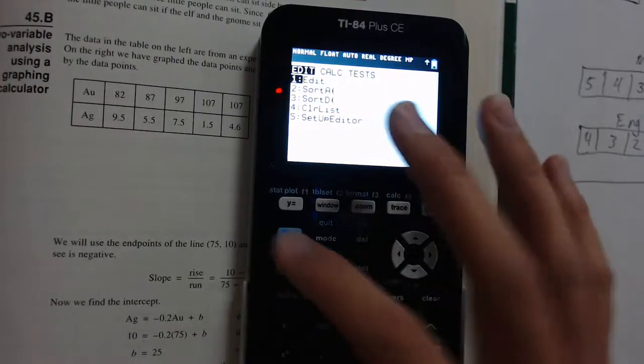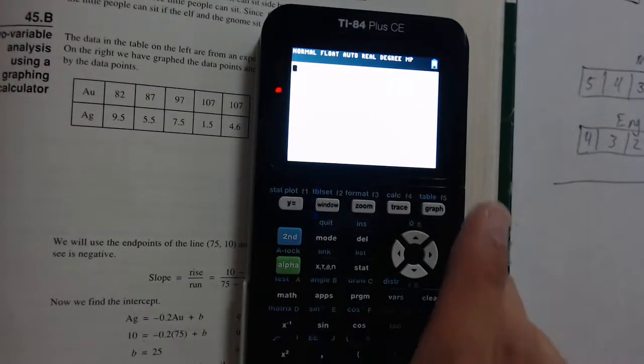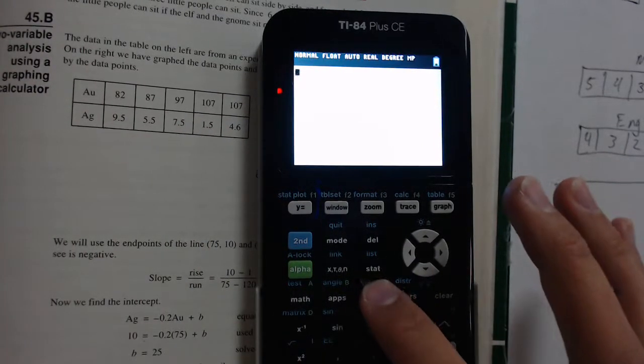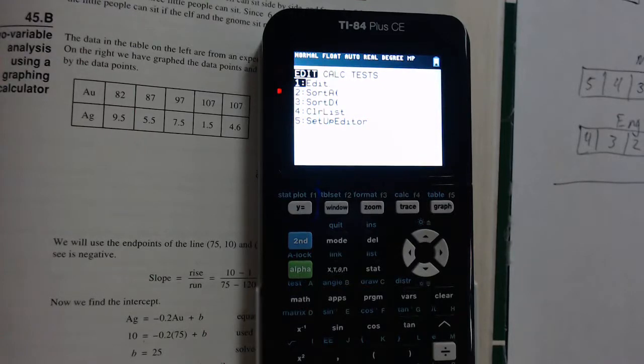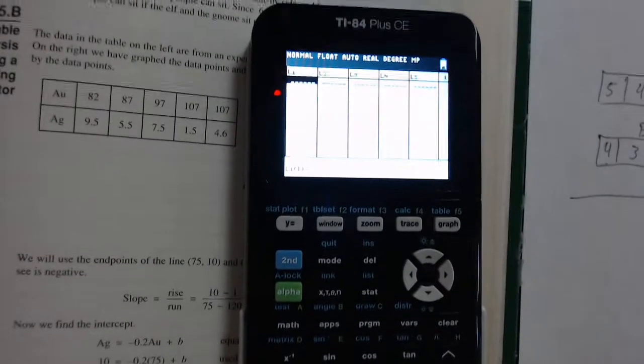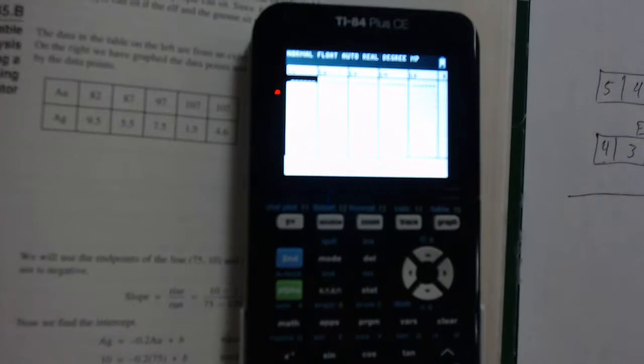So we've got to plot all this data into our calculator. So we're going to hit our stat button. That's going to bring us to this list. We're going to go ahead and select enter when it comes to edit. And I need to get this thing focused a little bit better.